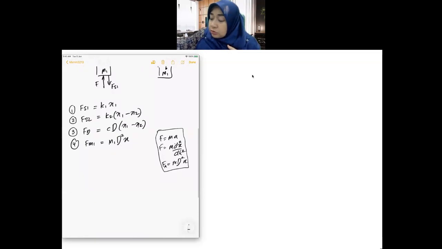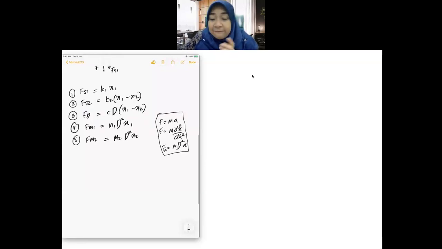So FM1 equals M1 d squared x1. Number 5, FM2 equals M2 d squared x2. For mass, it won't have x1 minus x2 or anything like that, because mass is a rigid body.